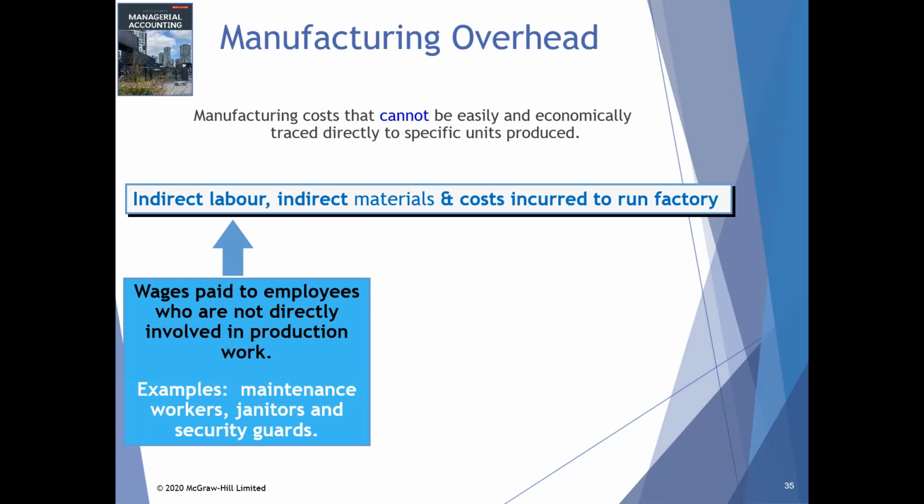So directly we cannot trace it, but indirectly these are expenditures that we will definitely add in the cost. We cannot say that only direct material and direct labor will be added. Indirect labor, indirect material, and indirect cost to run the factory, all these costs are known as manufacturing overheads and will be added.